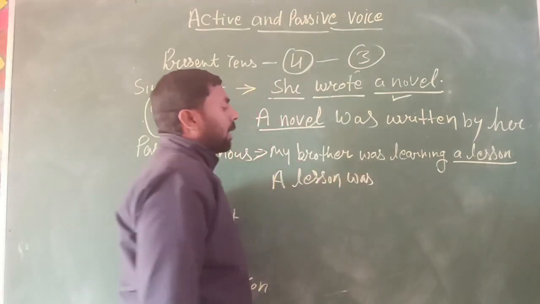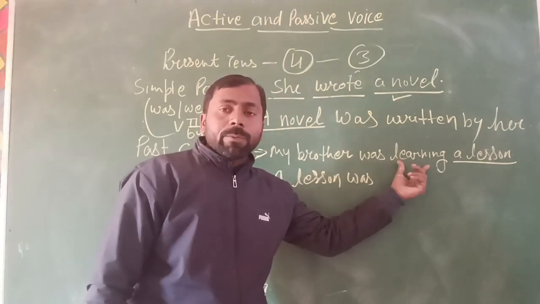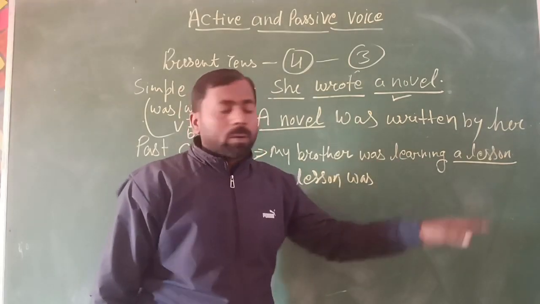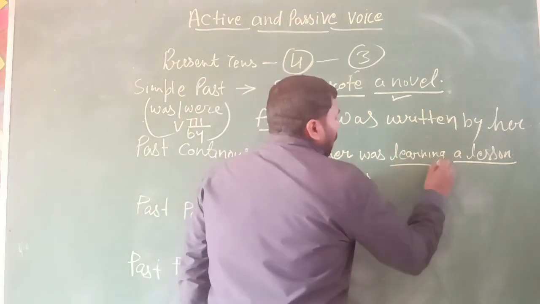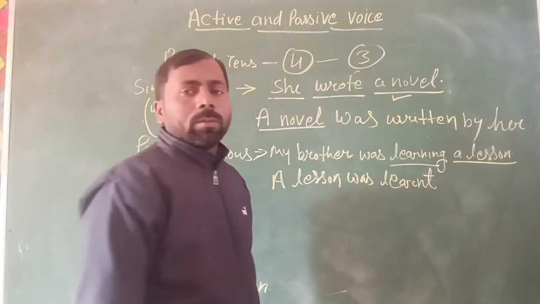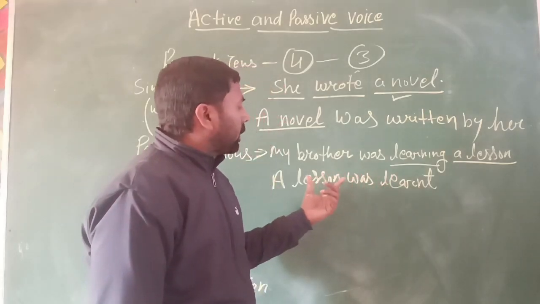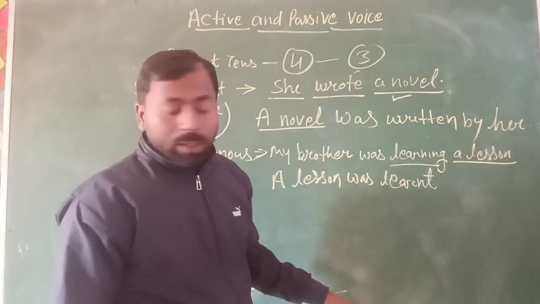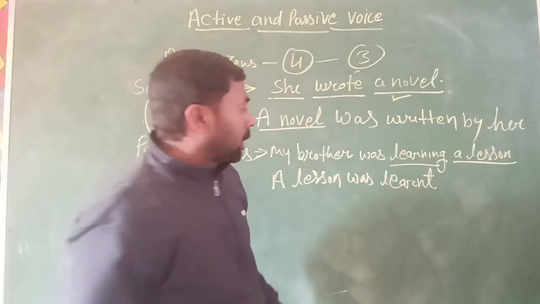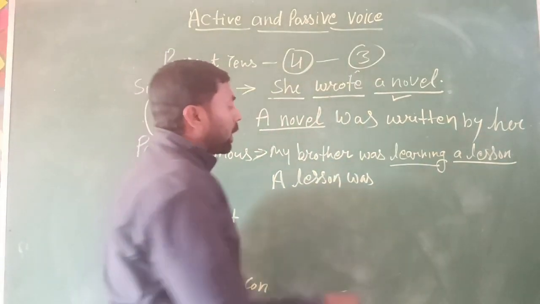And after that, after writing was, our verb here is learning, and it will be converted into the third form. Okay, so the third form of the verb learn. And after that, one thing more. It is the past continuous tense. Before the verb's third form, we add one thing.